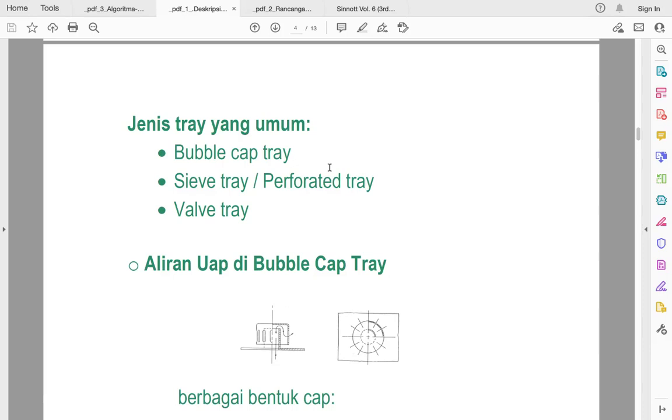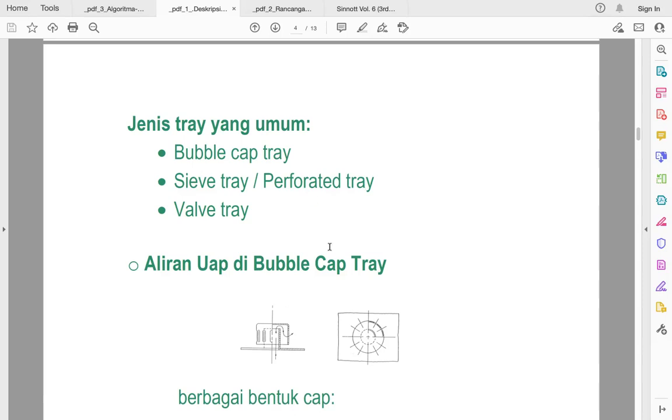Because it is only perforated, hanya bolong-bolong, there is some chance that the vapor just goes out before it has contact with the liquid. So the mixing and the equilibrium are not 100%.